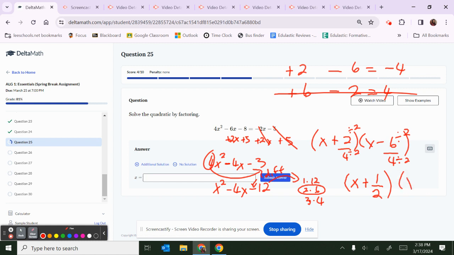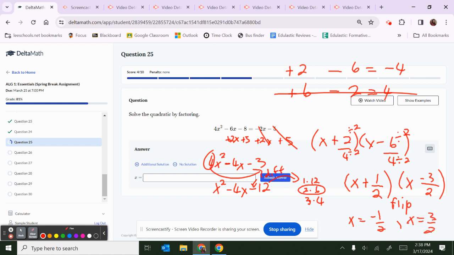And this will be x minus 6 divided by 2 is 3, over 4 divided by 2, which is 2. I could not divide both of them, so I had to simplify what I could. Now I'm going to flip the signs. So my x's would be negative 1/2 and positive 3/2.